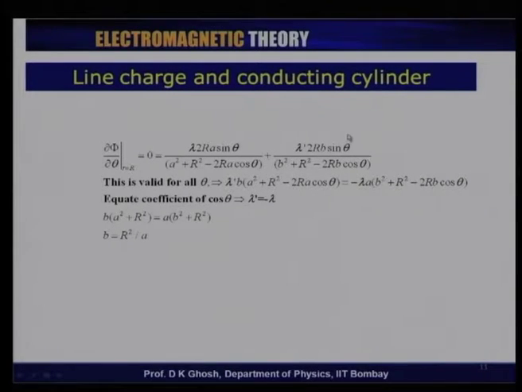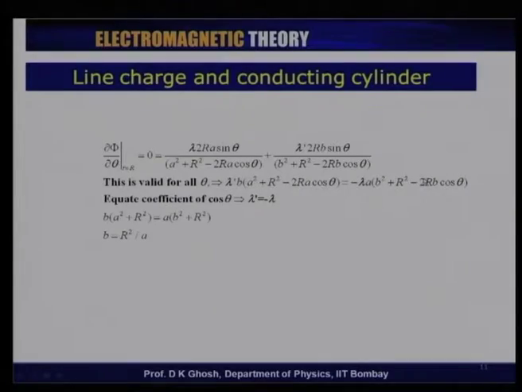You notice that since theta is arbitrary, I can cancel the sin theta from both sides of this equation, and if I now say that these two denominators must, lambda by this quantity must be equal to lambda prime by that quantity, I get this equation which says lambda prime b into a square plus r square minus 2 a r cos theta is the same as minus lambda a b square plus r square minus 2 r b cos theta.